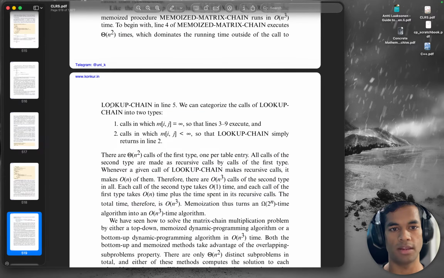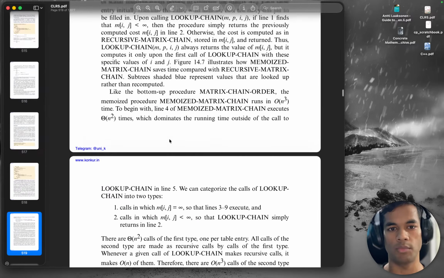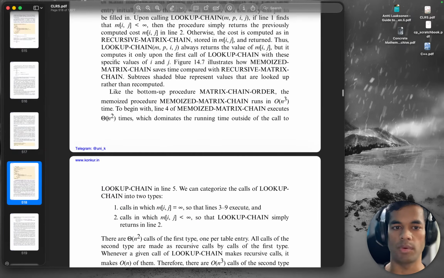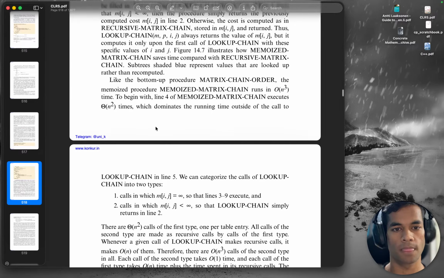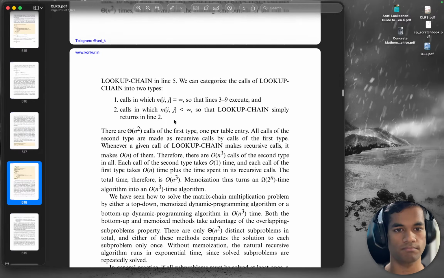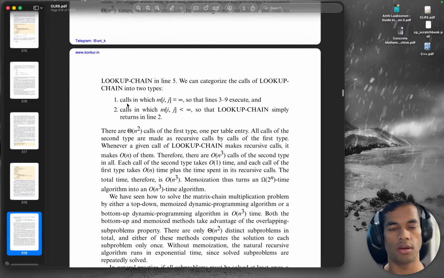And yep, lookup chain in line 5. So that is the time complexity. The time complexity of the top-down approach and the bottom-up approach is n cube in both cases. Lookup chain has two things. First, if we already have the answer, then we return.